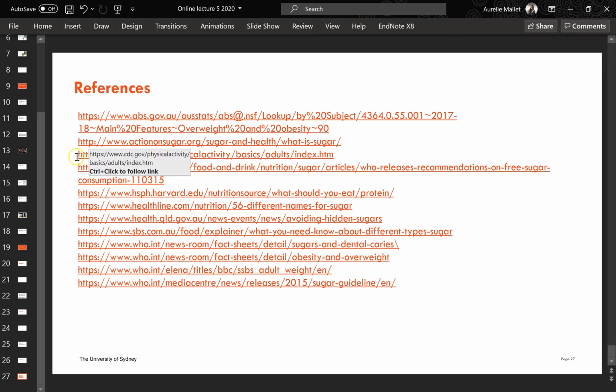So it's okay to have a look at websites, but just be careful of what kinds of websites they are. If you're looking at things like government websites, we would assume that they are quite credible and valid. But things like Healthline as well, not a government website, but some of the stuff on that website we could look at. So just be mindful of that.